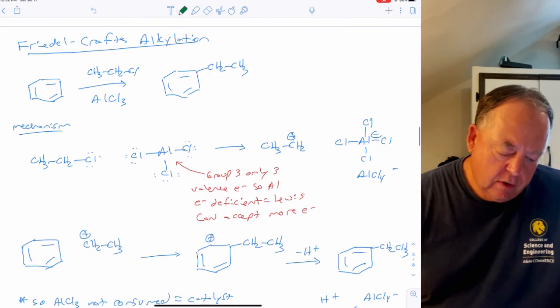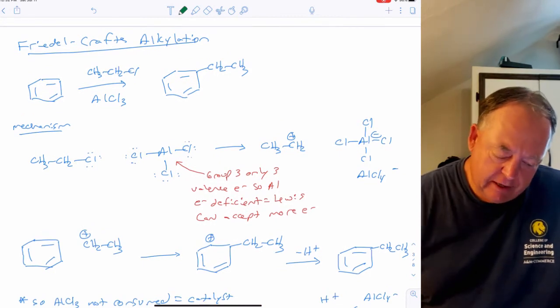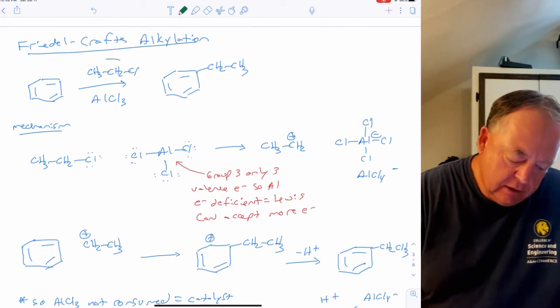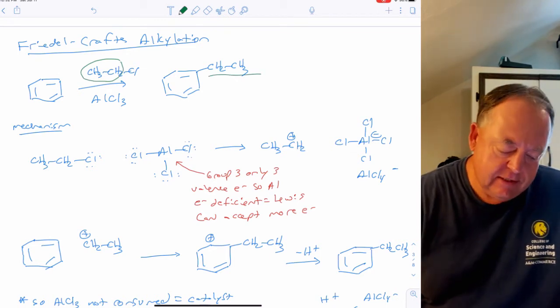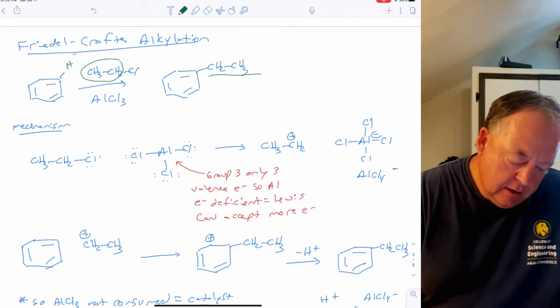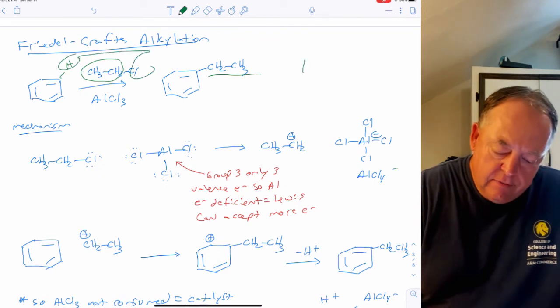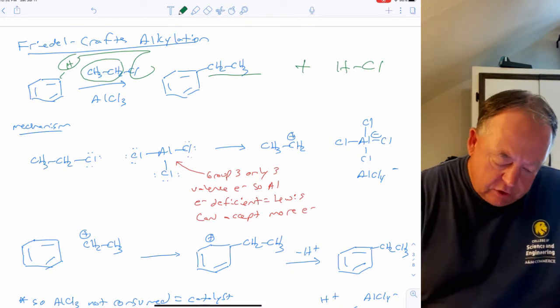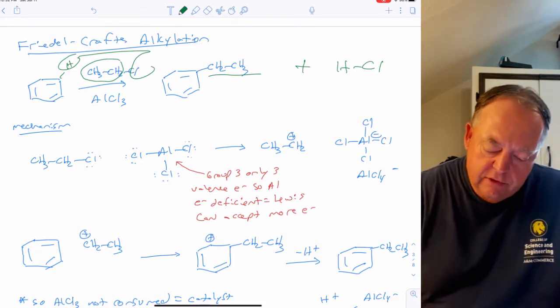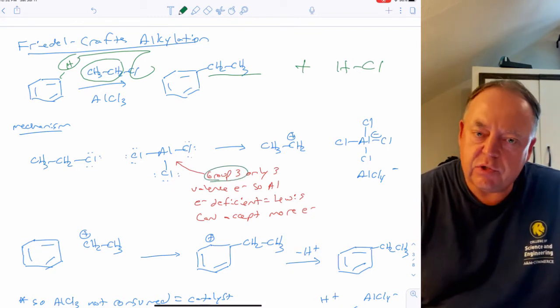Okay, so for the Friedel-Crafts alkylation, anytime you see this, whatever's attached to chlorine is going to be what's attached to the benzene ring, and then you're going to lose HCl as a side product. So the basic mechanism: aluminum trichloride. Aluminum is a group 3 element, so it only has 3 valence electrons.